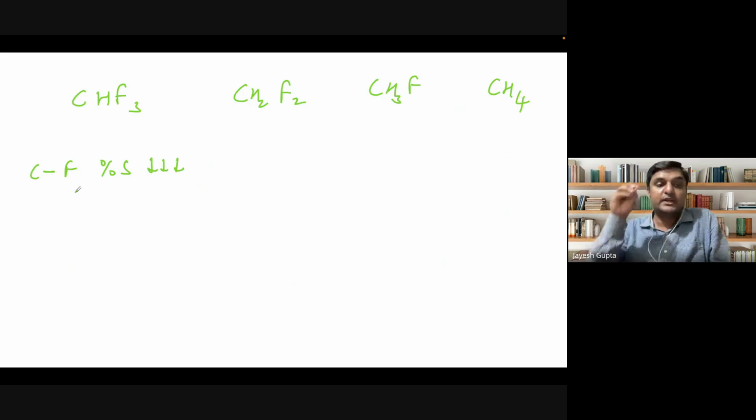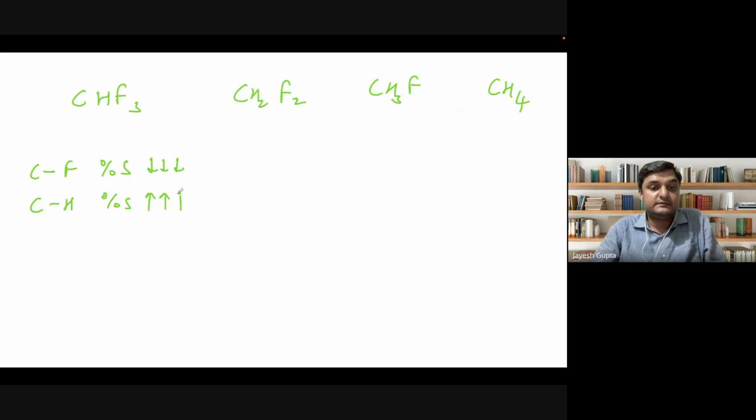So if fluorine is going to an orbital where percentage S is low, so its percentage S will be low. So all the 4 bonds will have sp3. If on some of the bonds percentage S is decreasing, so for other carbon hydrogen bonds percentage S will increase.